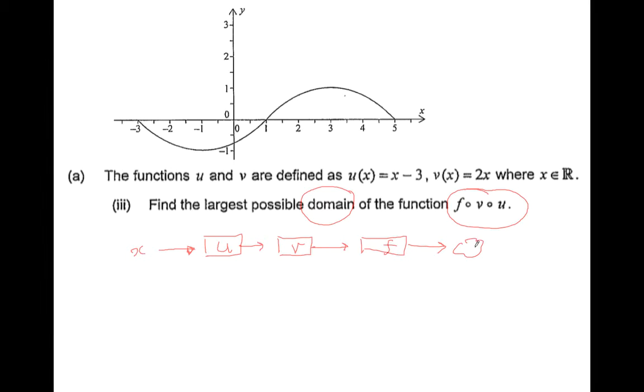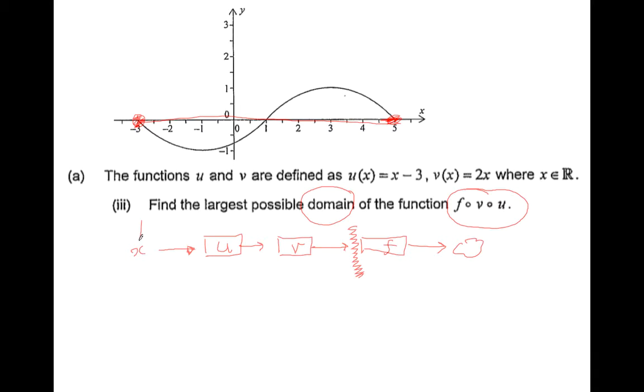I'm not interested in the output here, but we do know there's a certain restriction to what can actually cross this barrier into the f function, and the f function will only allow -3 through to +5 to actually be fed into the f function. So we can only have the domain feeding into f -3 to 5.